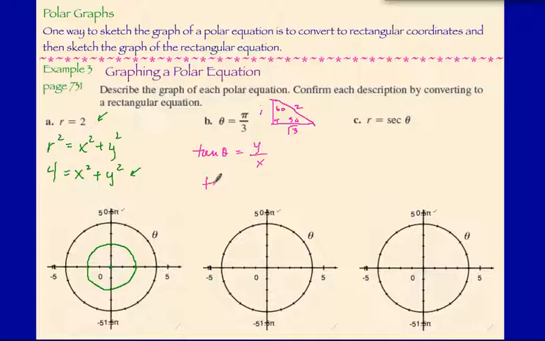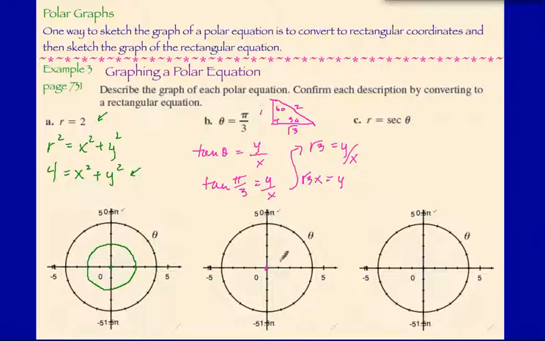I should have written this as tan of pi over 3 equals y over x. Since tan of pi over 3 is the square root of 3, we have square root of 3 equals y over x. Now let's solve for y: y equals the square root of 3 times x, which, by the way, is just a line, where the y-intercept is the origin and the slope is the square root of 3 over 1.